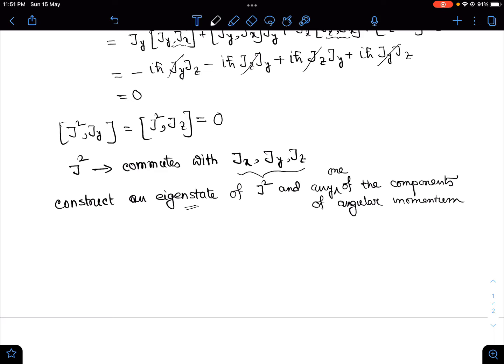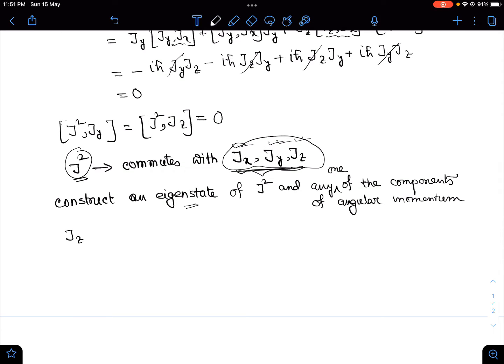That means we cannot define a state which will be an eigenstate of J square and all three components, because these components don't commute with each other. That is why we can construct a state which will be maximally an eigenstate of J square plus any one of these three components. We can choose any of the components. So let us just choose Jz. You can also choose Jx or Jy. That really doesn't matter, as the z axis is not defined till now. So for convenience we are using Jz.